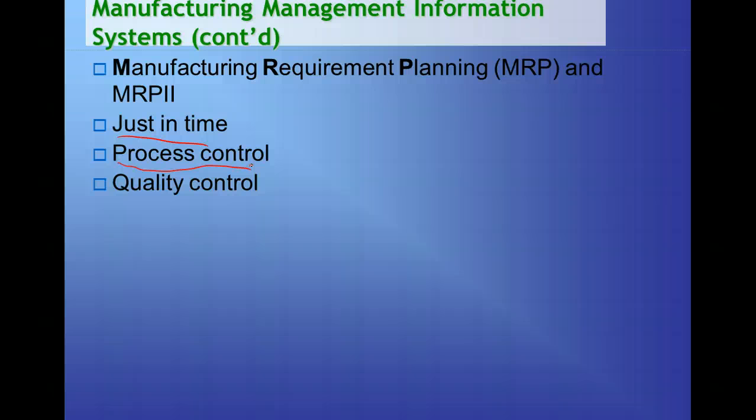Okay, now next, quality control is a process that ensures that the finished product meets the customer's needs. Not only do we get the finished product out on time, but it actually meets the needs of the customer to ensure high quality. In this instance, information systems are used to monitor the quality and take corrective steps to eliminate possible quality control problems.